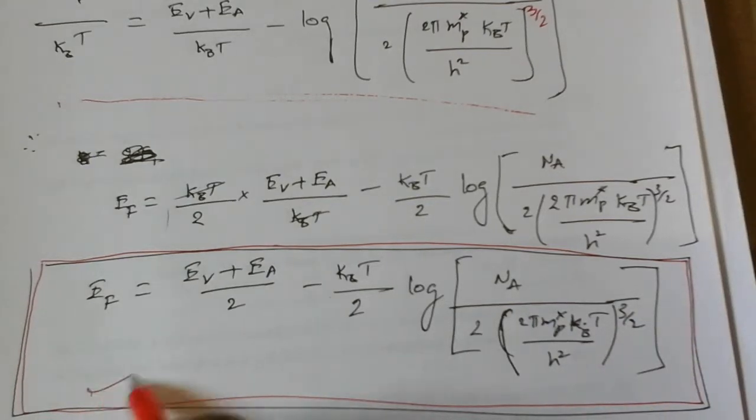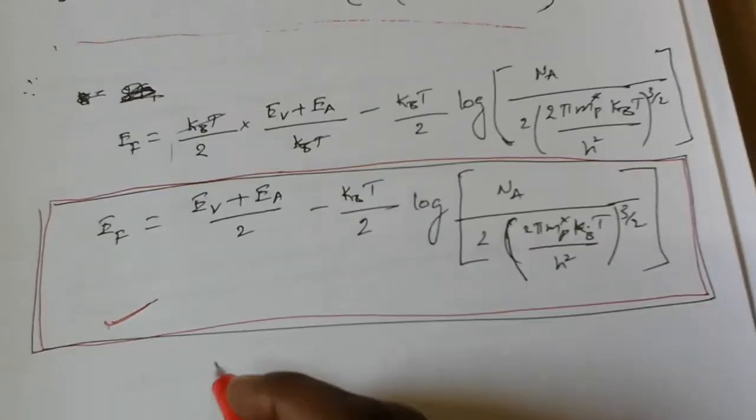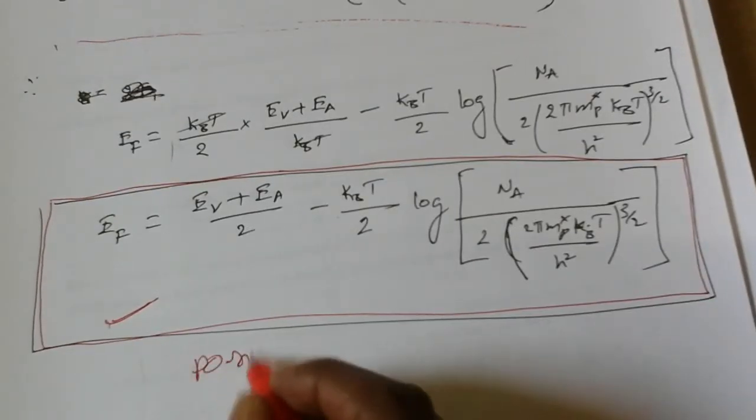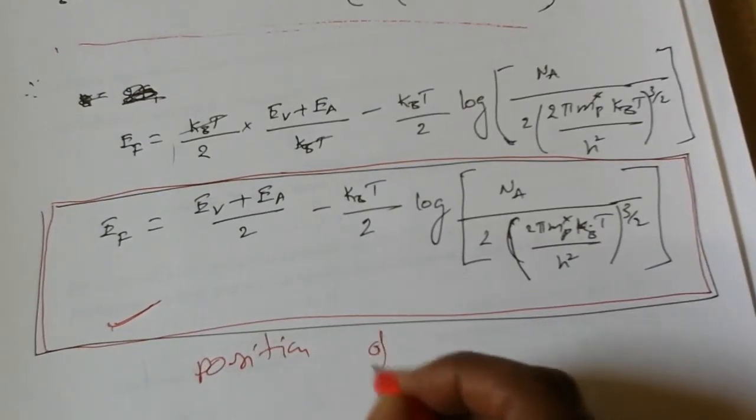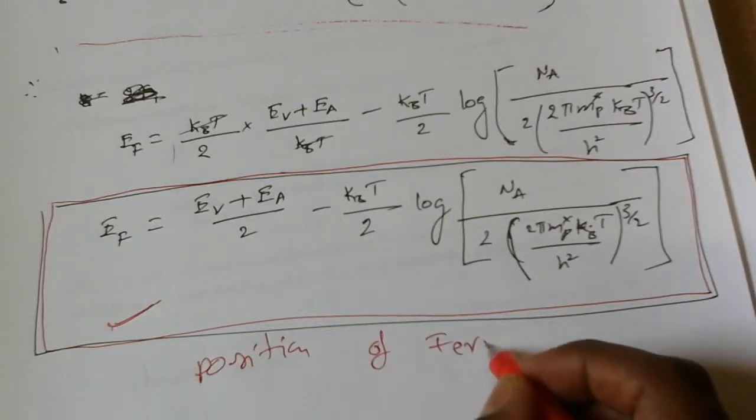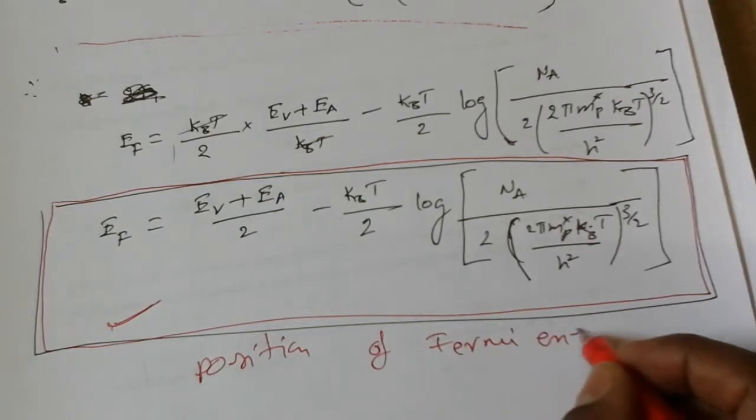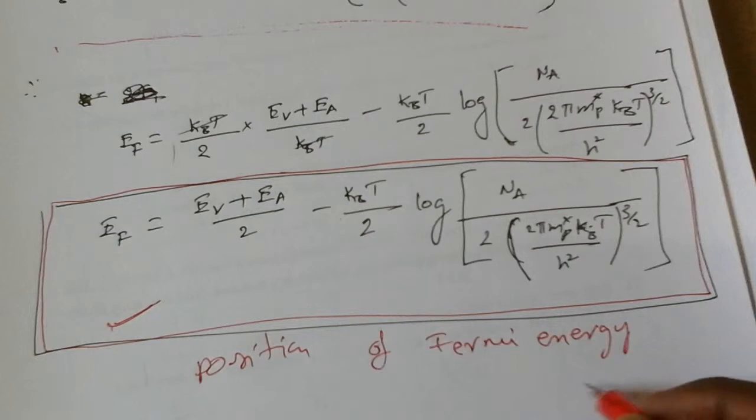So this is called position of Fermi energy level.